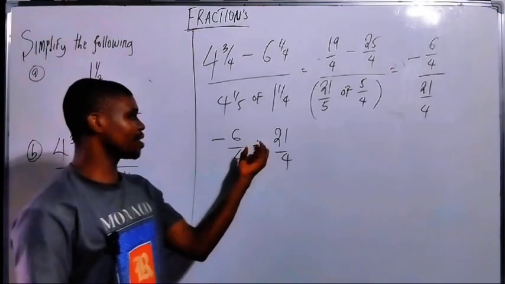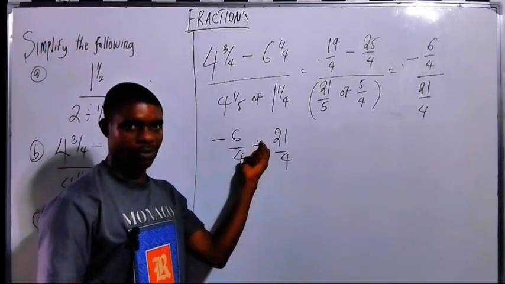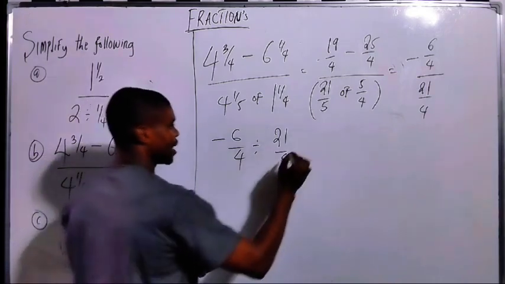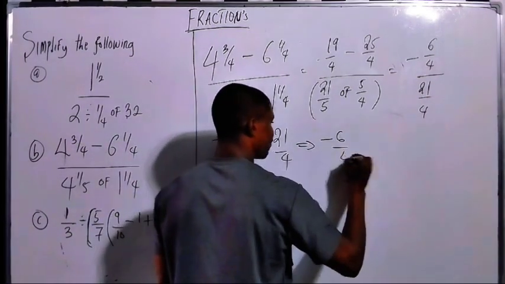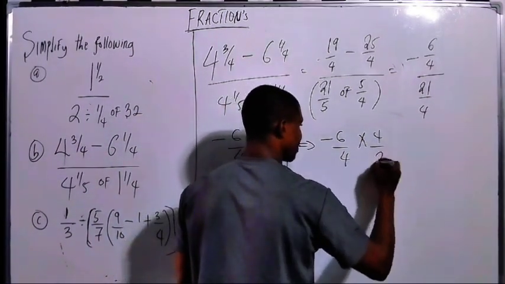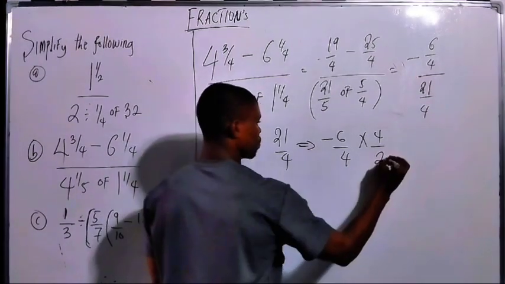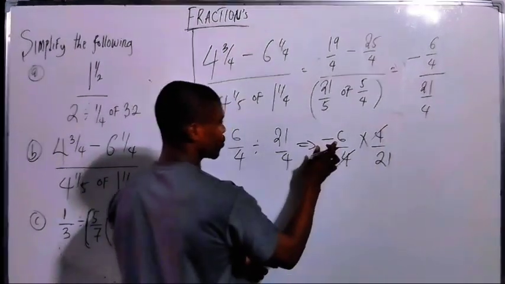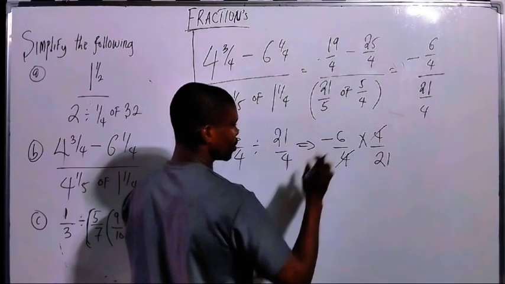Now, let's convert this division to multiplication here. This is that. So, this will also move down. So, what are you going to get? Here we now have minus 6 over 4 times 4 over 21, right? 4 will go into 4, right? Now, 3 can 6 go into 21.